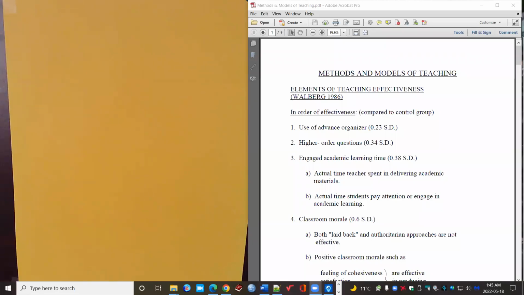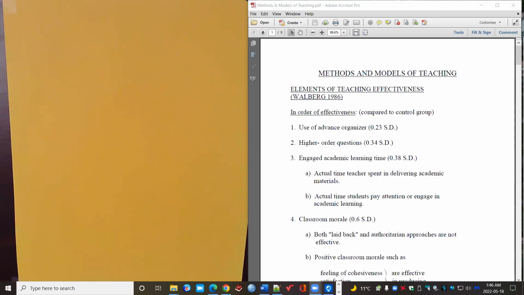Methods and models of teaching. First of all, let's take a look at elements of teaching effectiveness. Warburg, 1986. He used the research technique called meta-analysis.